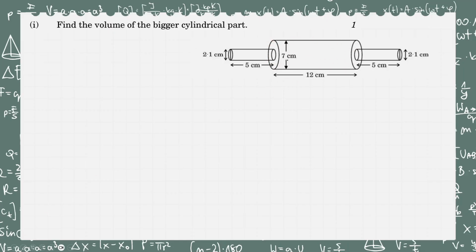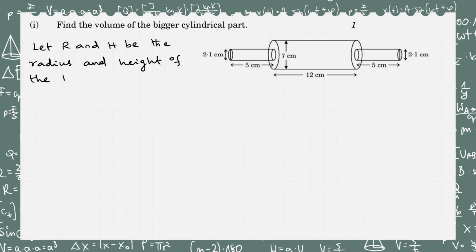Since there is a bigger cylinder and a smaller cylinder as well with different dimensions, we have to take their particular height and radius with the variables assigned. Okay, let capital R and capital H be the radius and height of the bigger cylindrical part I am taking.